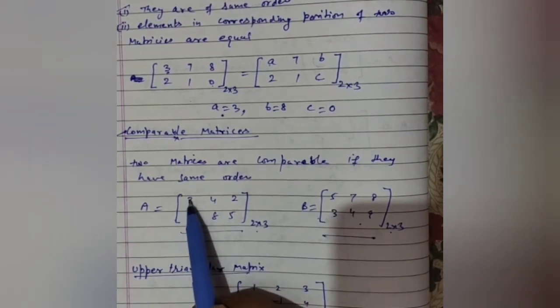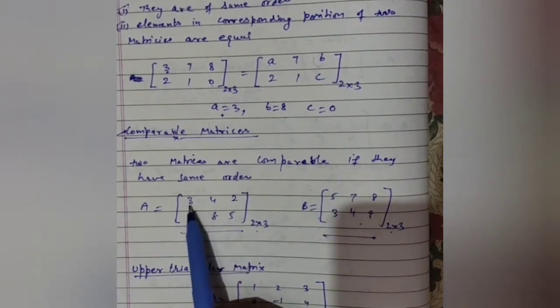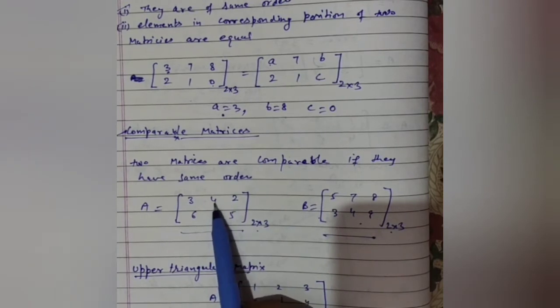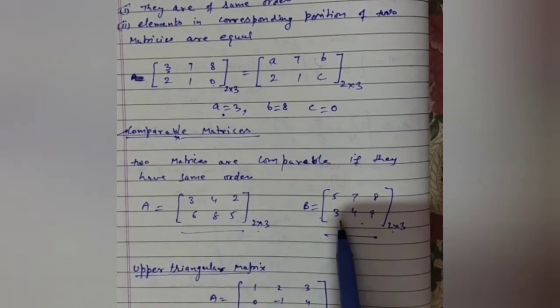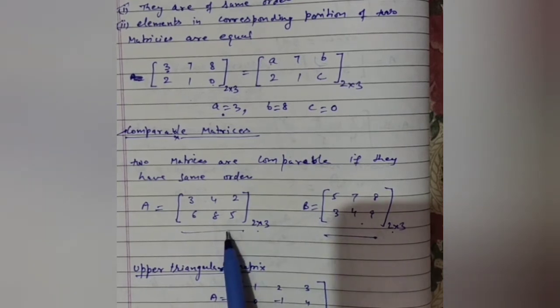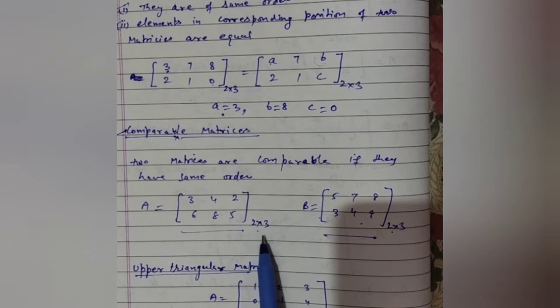Here the 1 1 position is 3, and in this matrix the 1 1 position is 5, not equal. In this matrix the 1 2 position is 4, and in this matrix the 1 2 position is 7. Both are not equal, so these are comparable matrices. For comparable matrices, the matrices have the same order, but the elements are not equal.